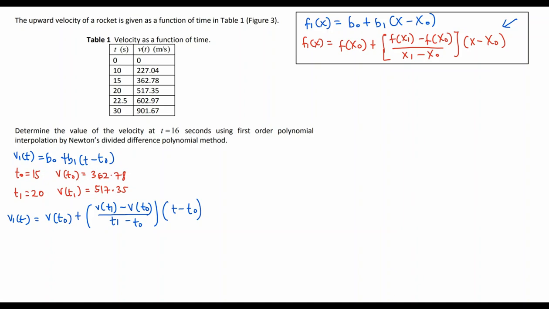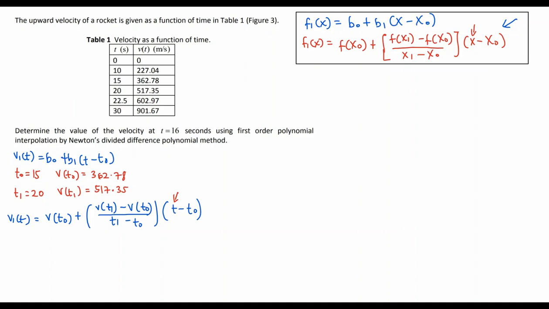Remember I told you that you are going to know every single value except the t, because we know our t1, we know t naught, we know v of t naught, we know v of t1. So I'm just going to use this to find the polynomial function that we can use for the interpolation.